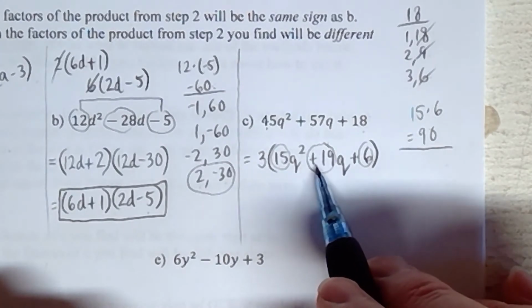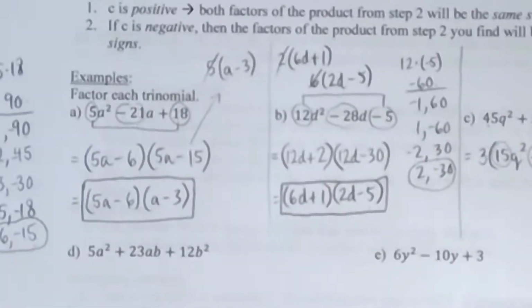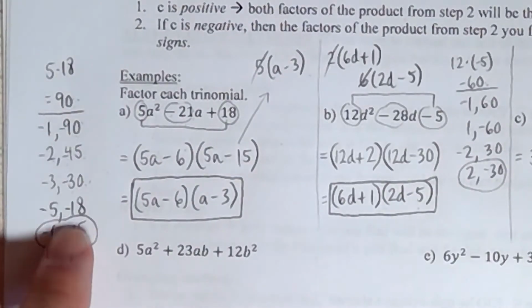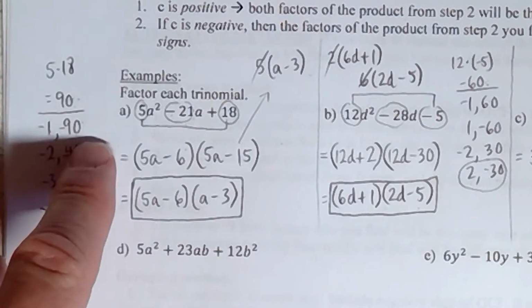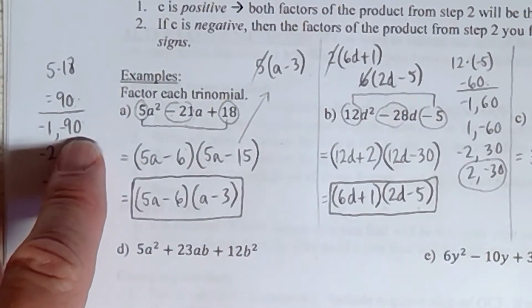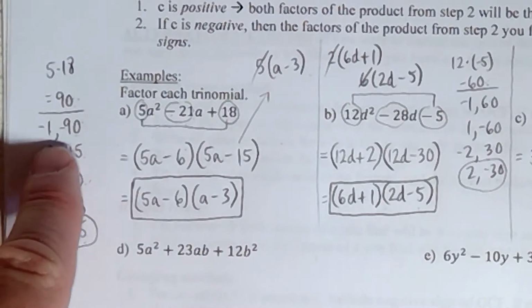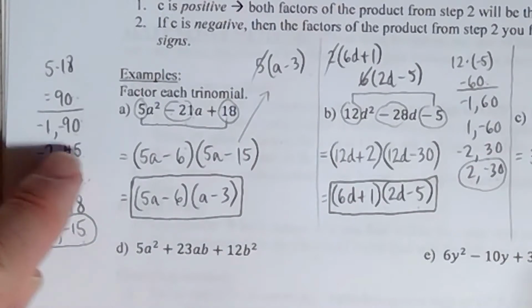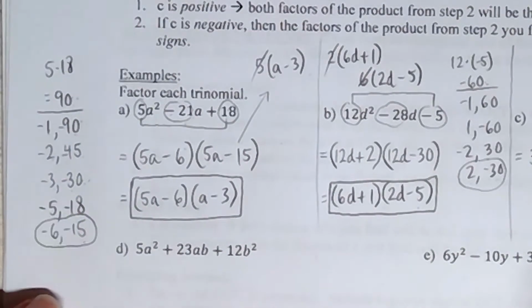Since the middle is positive 19, then it wouldn't work. Let me go back over here to show you. None of these pairs for 90 would add up to positive 19, because negative times negative is positive, but negative plus negative is always negative. None of these would have any chance at all of equaling 19, because 19 is positive.